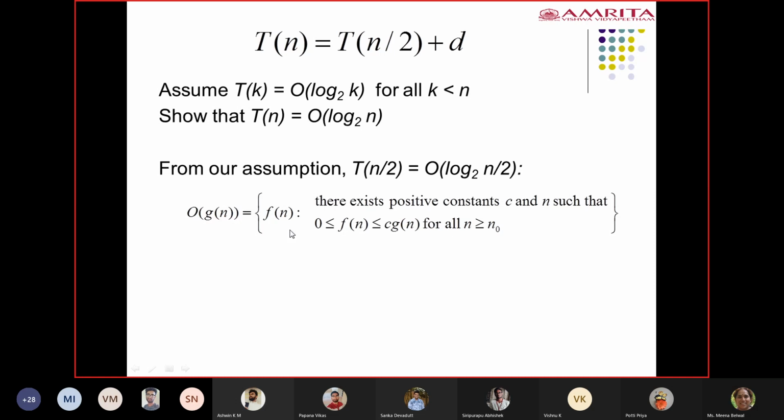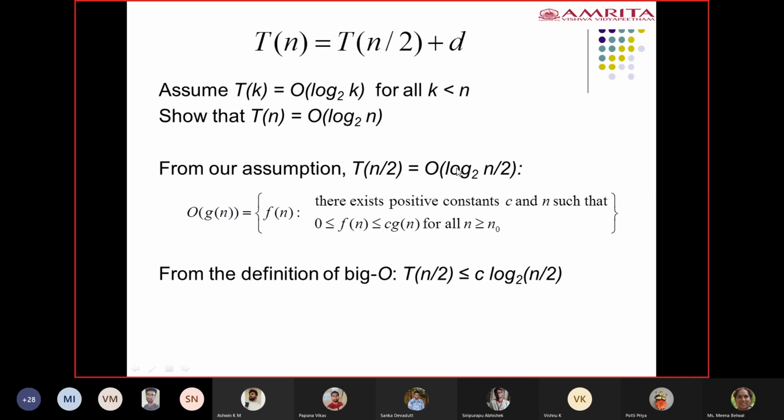What is the definition? The definition is f(n) = O(g(n)) if there exist positive constants c and n0 such that 0 is less than or equal to f(n), which is less than or equal to c·g(n), for all n greater than or equal to n0.